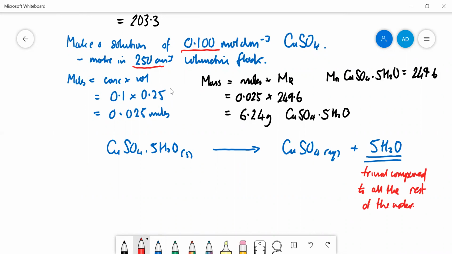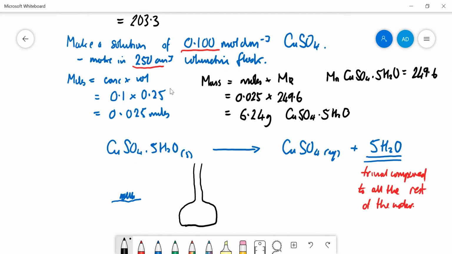If you could maybe visualize it, we've got a little bit of copper sulfate there with a little bit of water, and we're going to put that into a much bigger volume with loads of water molecules in here.